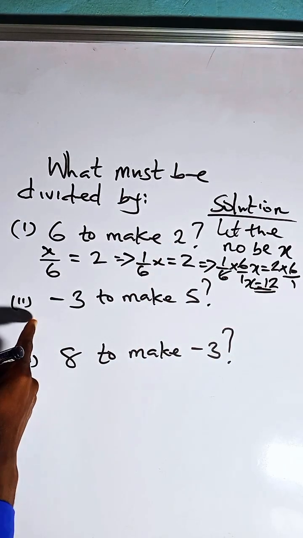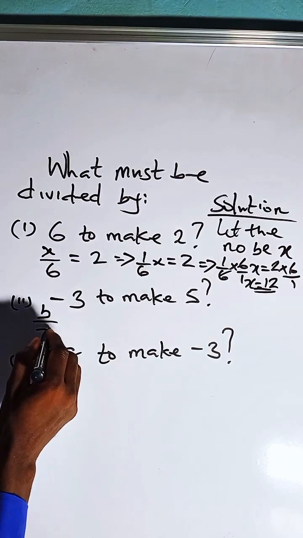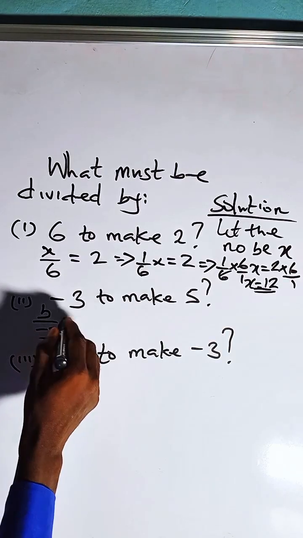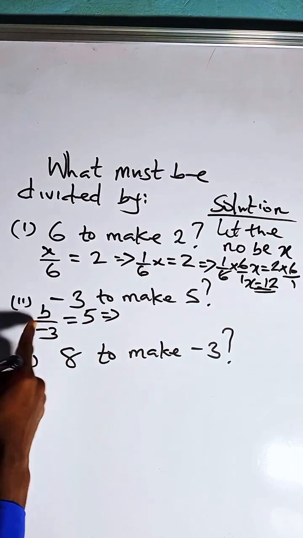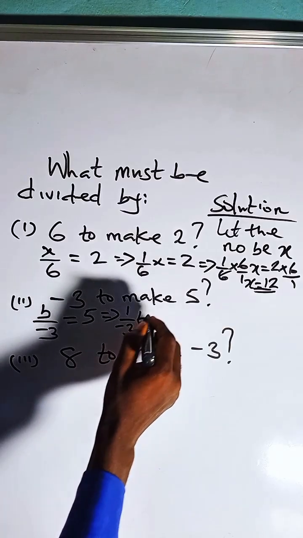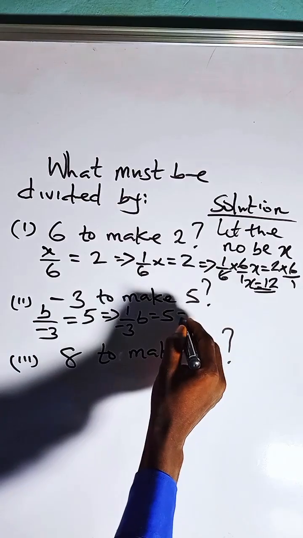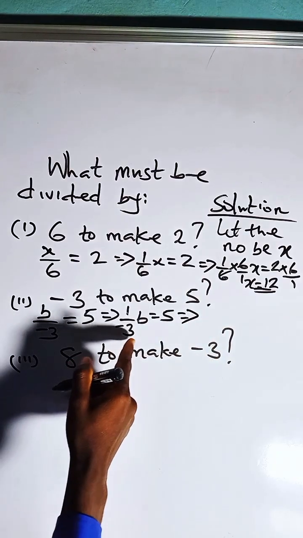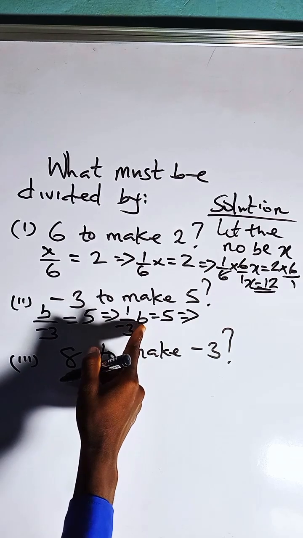Now let us assume b. We divide b by minus 3, and it gives us 5. So we can have this as 1 over minus 3 times b equals 5. From here, what do we do? We multiply both sides of the equation by the reciprocal of this for us to get b.